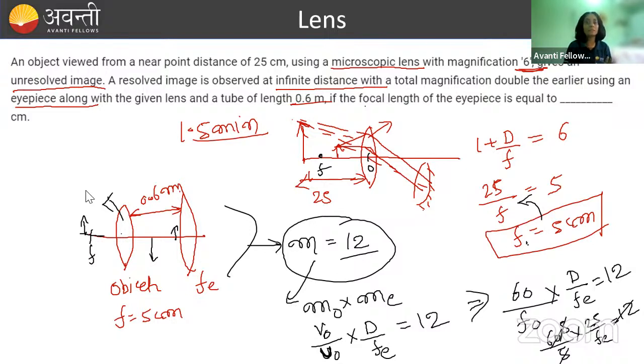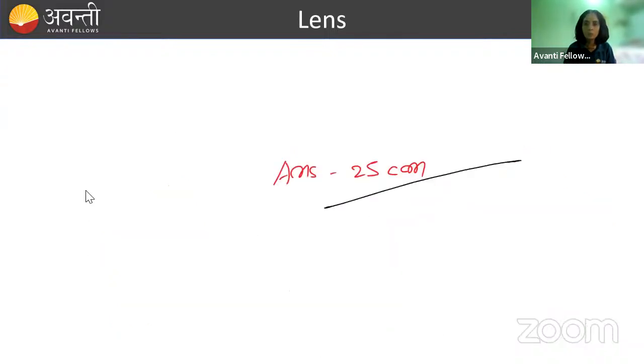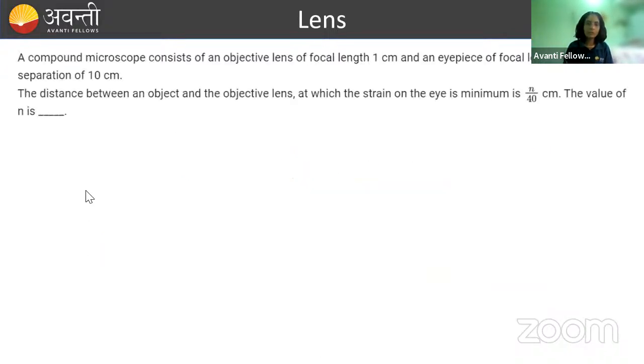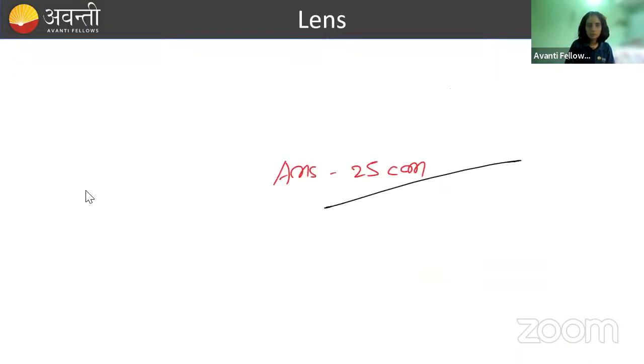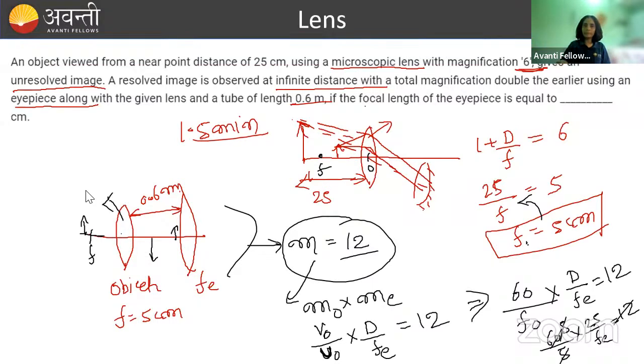But if none of this is given, but tube length is given, we can go with the approximation. Okay, so this is what we are going to do. चलो बहुत बढ़िया. इस क्वेश्चन को अगर समझ गए हो तो it's too good. Any doubt? You can let me know if you have any doubt.